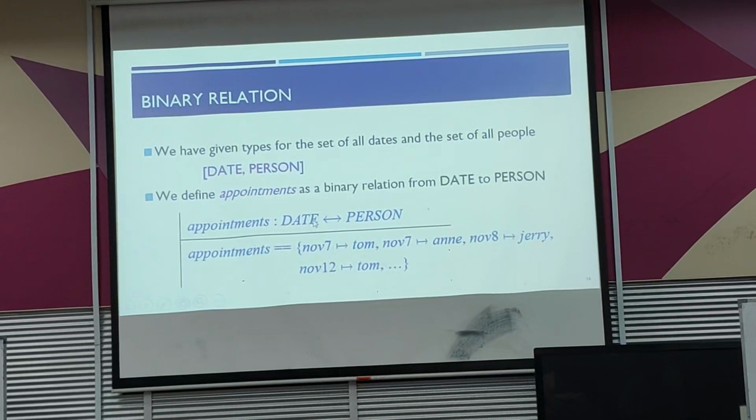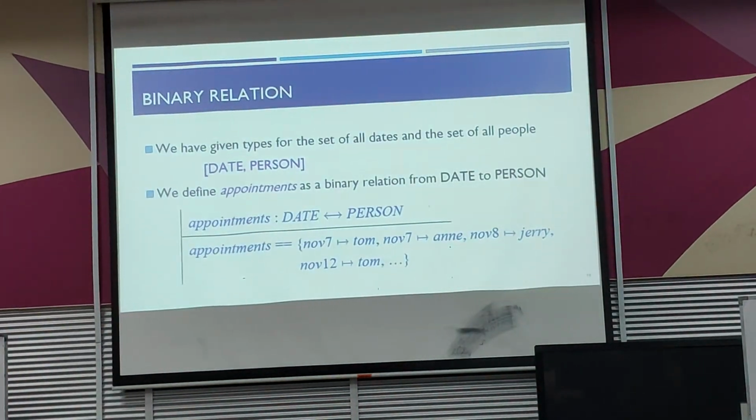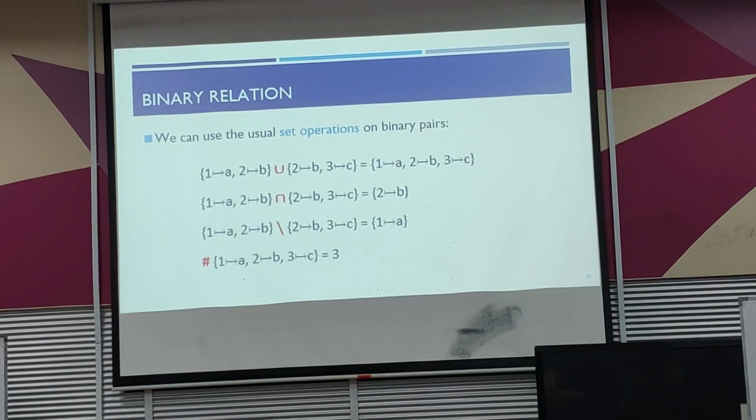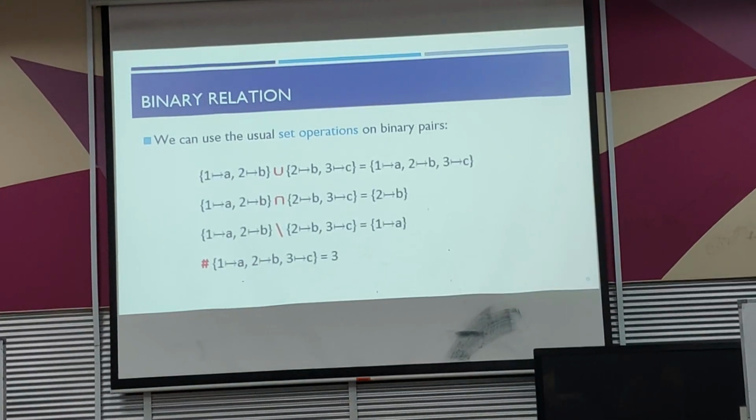On one date, many people can make appointments on the same date, and one person can make more than one appointment. If you have that, then you use a many-to-many relationship. This is what you have to remember about many-to-many. So you have declared your variable as a relation, a many-to-many relationship.